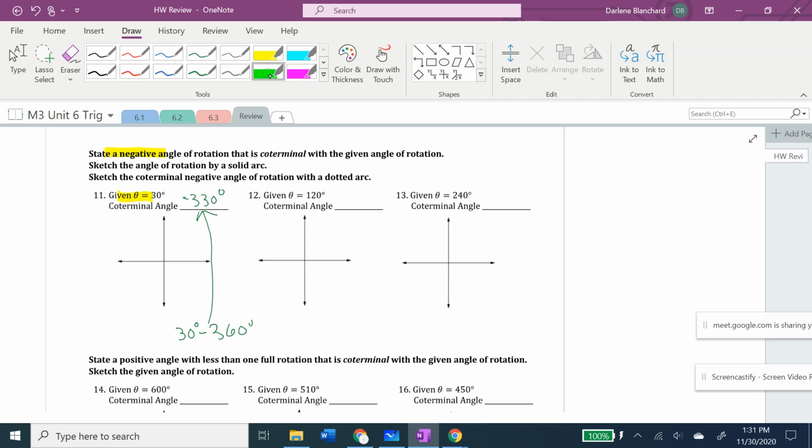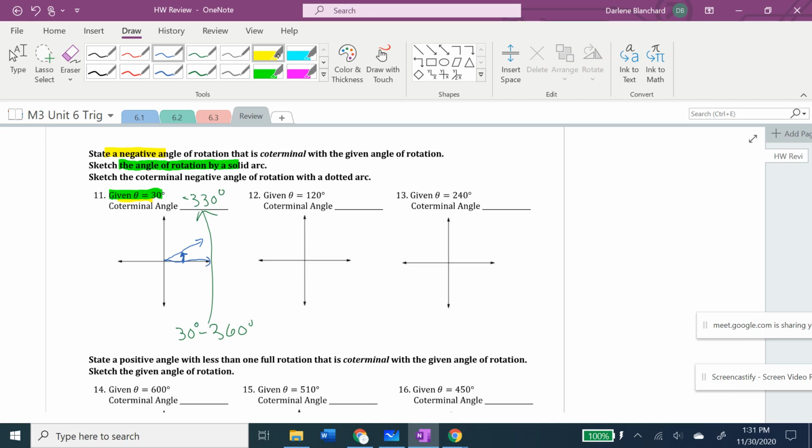Now, what I'm asking you to do is sketch the angle of rotation by a solid arc, by the angle that's the given angle. So 30 degrees starts on the positive x-axis, goes 1/3 of the way through quadrant 1, and by solid arc, that's referring to this, drawn with a solid angle.